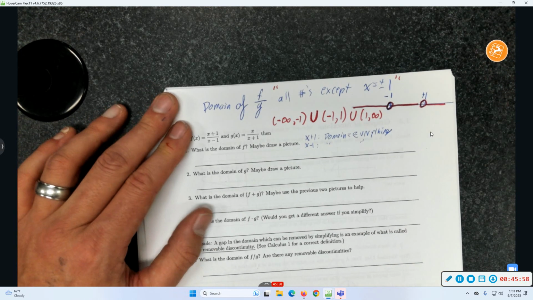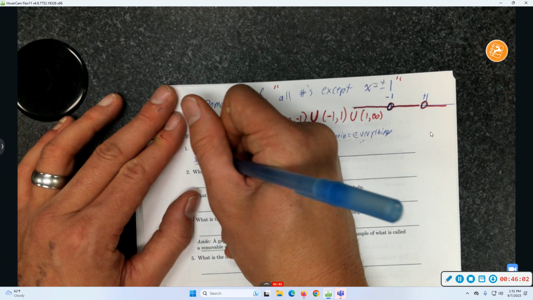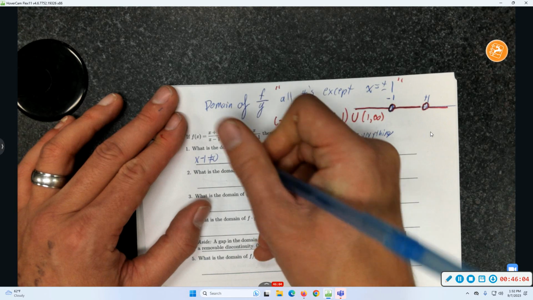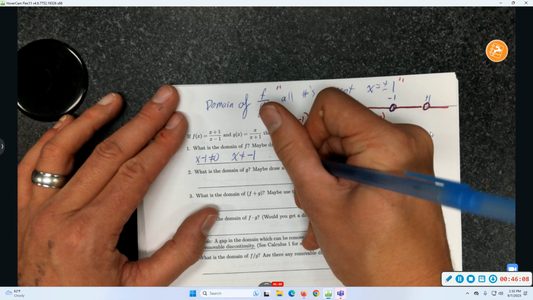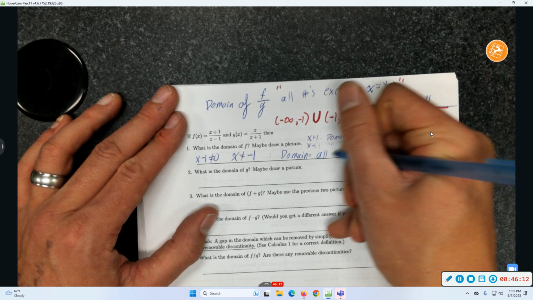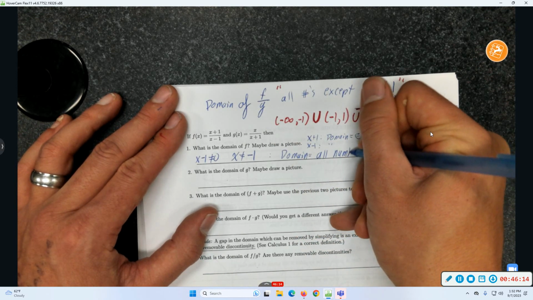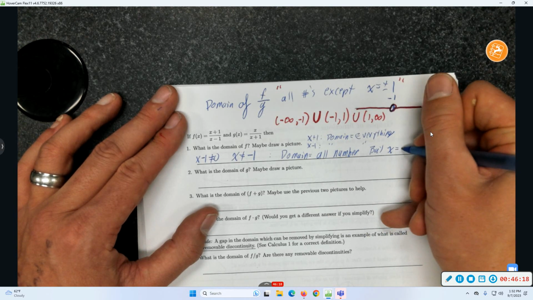And let's remember now that you're doing division. Can't divide by 0. X minus 1 had better not be 0. That means x had better not be negative 1. Apparently the domain is all numbers but x equals negative 1.